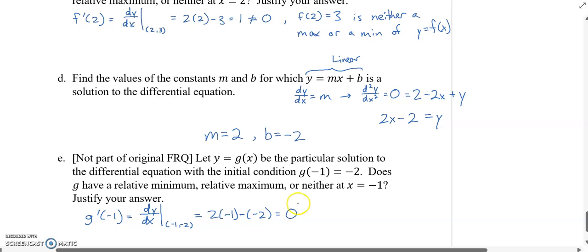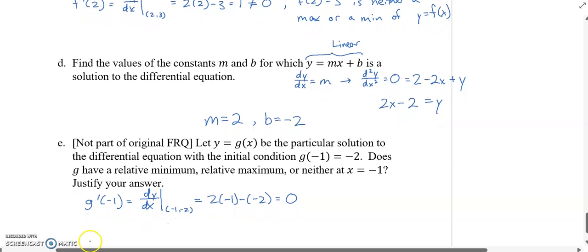Aha! So we don't know what exactly is going on here until we consider that second derivative. So we're going to evaluate the second derivative, also at -1, -2. Our second derivative is 2 minus 2x plus y.